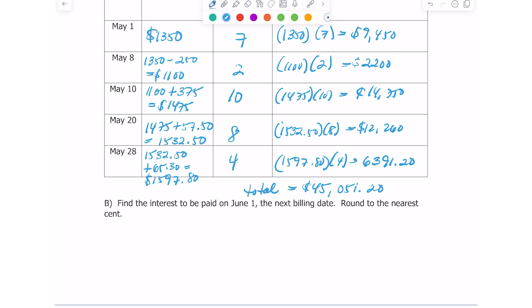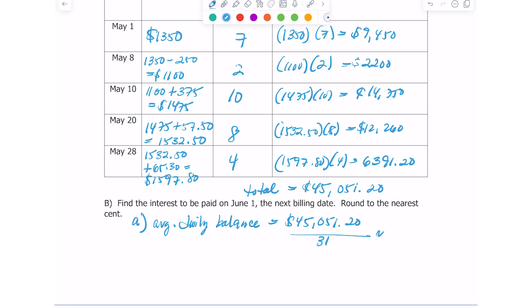Okay, so to find the average daily balance, which I didn't leave a lot of room for, I'm going to put this for part A still. The average daily balance is the sum, which is $45,051.20, and then divide by the number of days in the billing period, which is 31.